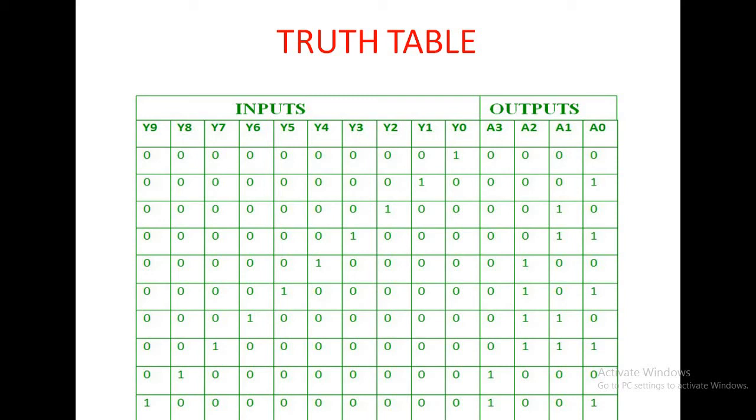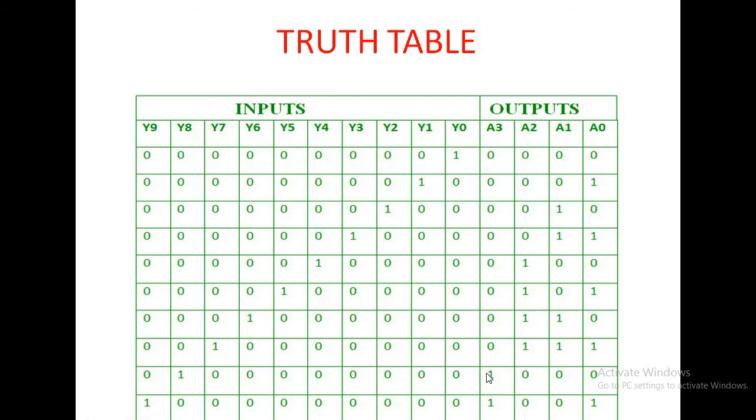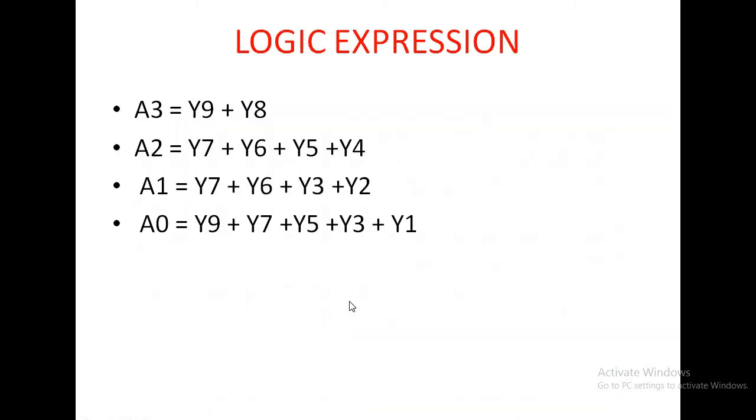the expression of this decimal to BCD encoder is A3 equals Y9 plus Y8. See, A3 is 1 when Y8 is 1 or Y9 is 1. So A3 is nothing but Y9 plus Y8. A2 is equal to Y7 plus Y6 plus Y5 plus Y4.